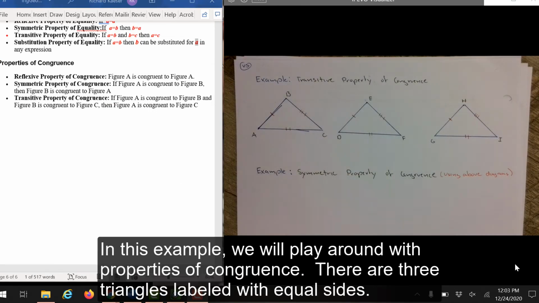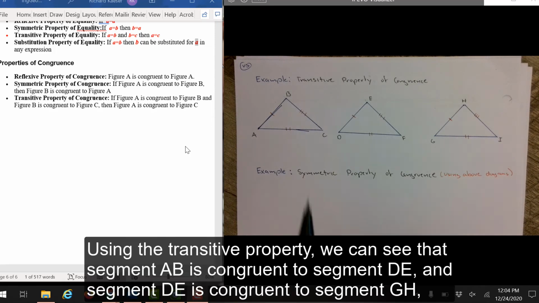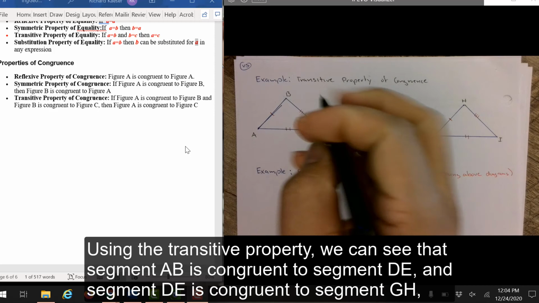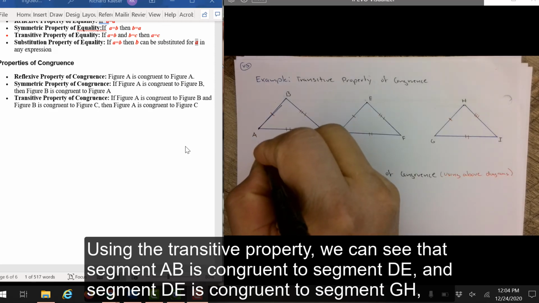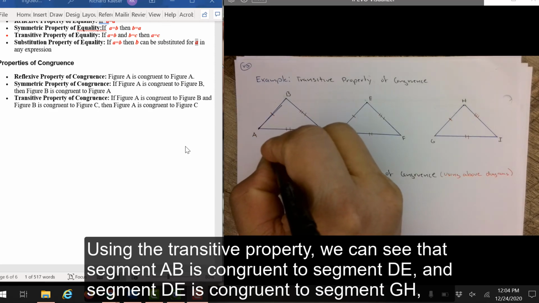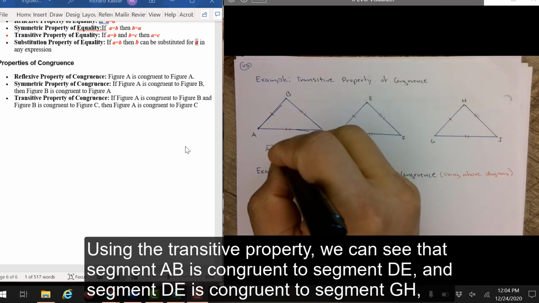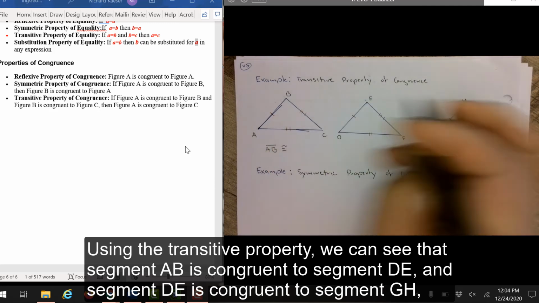In this example, we will play around with properties of congruence. There are 3 triangles labeled with equal sides. Using the transitive property, we can see that segment AB is congruent to segment DE, and segment DE is congruent to segment GH.